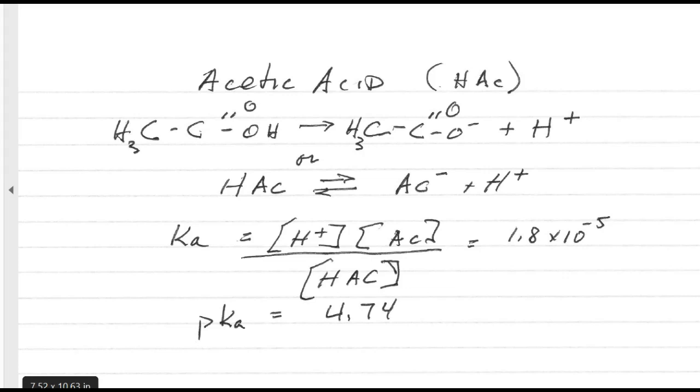And the equilibrium relationship you can see here, the Ka value, is the product of the hydrogen ion concentration and the acetate concentration divided by the acetic acid concentration. And that equilibrium constant is 1.8 times 10 to the minus 5, so the pKa value is 4.7.